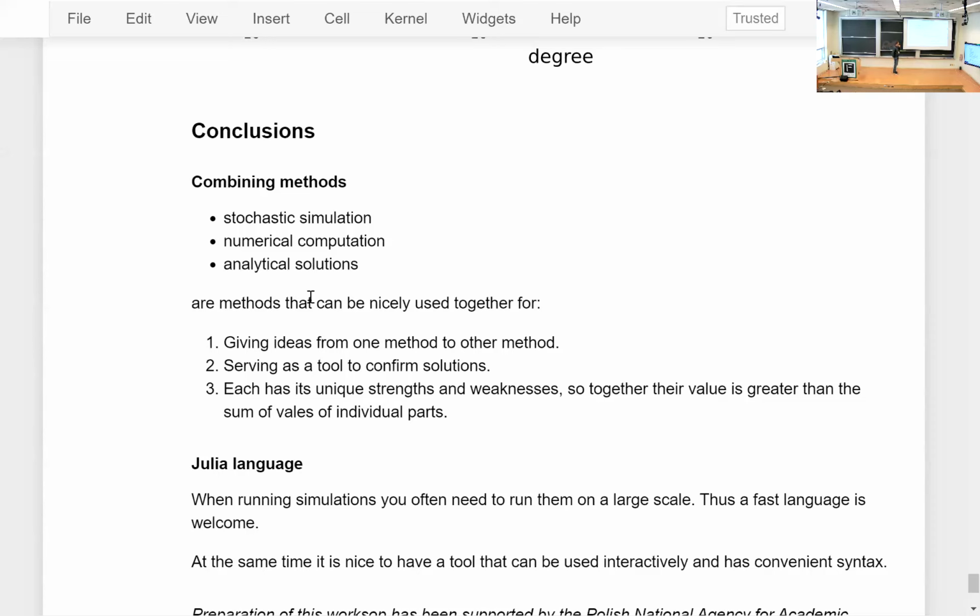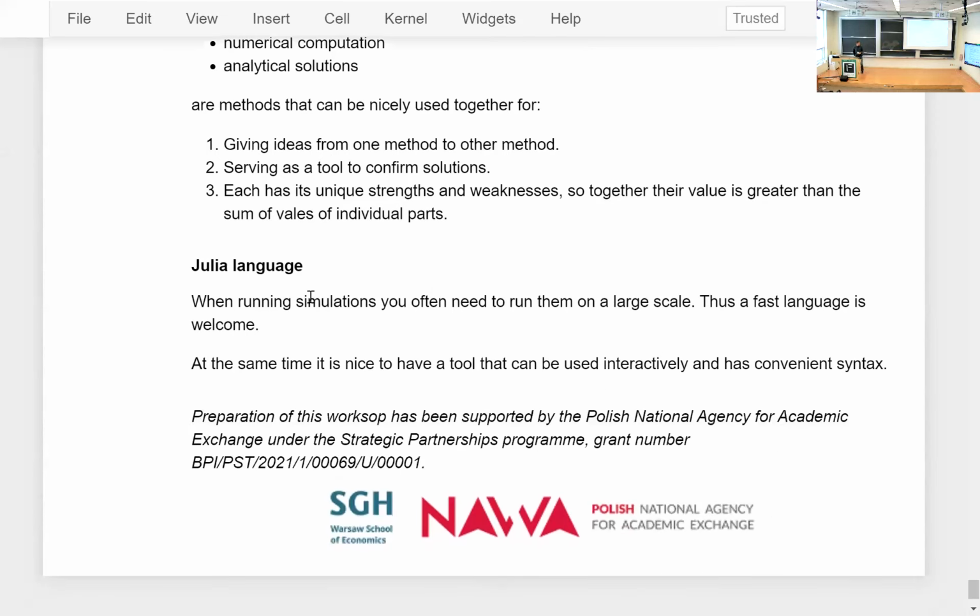And what is important are the tools that Przemysław showed you yesterday, and the Julia language. Why do we use it?